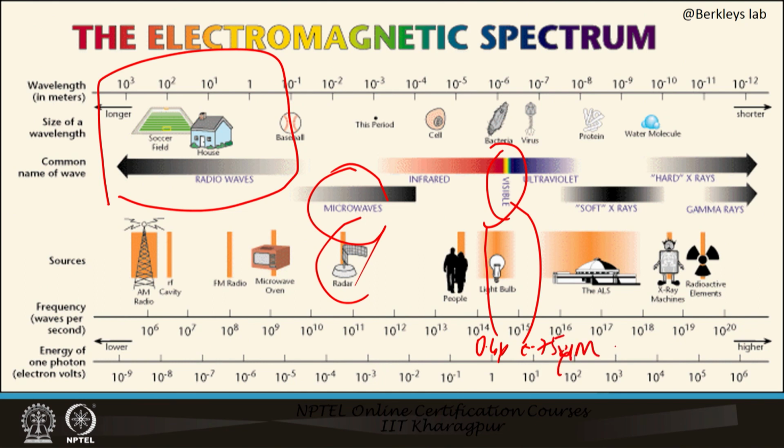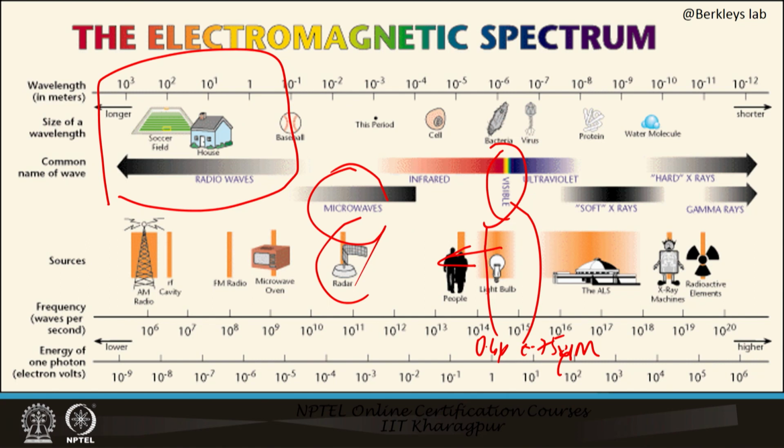This part is in the lower end of the spectrum, which means it is in the shorter wavelength region. Shorter wavelength means higher frequency, and higher frequency means higher energy. That is what I intend to explain here.